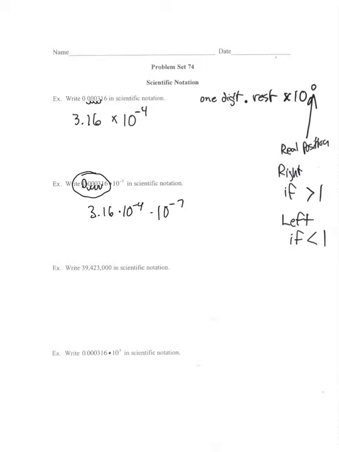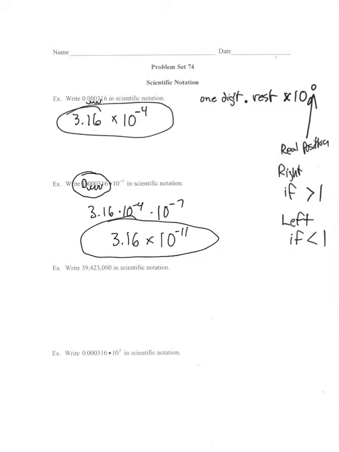But I can multiply those together, and I can get 3.16 times 10 to the -11th by using that product of powers rule of exponents. So here we are. Now this actually falls into what proper scientific notation should look like. I should circle my answer up here too.